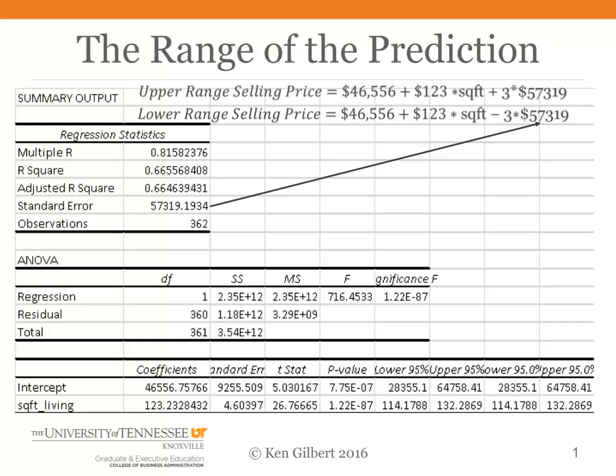In other words, if we add 3 standard errors to the prediction, that gives us an upper range, and if we subtract 3 standard errors, that gives us the lower range. Most actual values should fall within that range of the prediction.